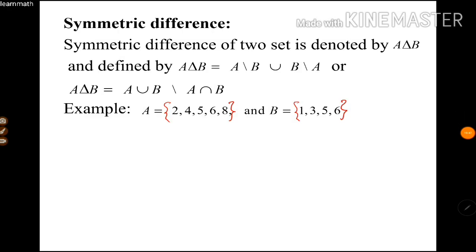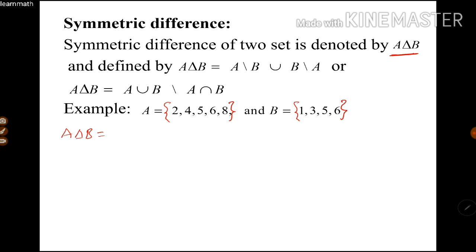Now the next one is symmetric difference. Symmetric difference of two sets is denoted by A delta B and is defined by A delta B is equal to A minus B union B minus A, or A union B minus A intersection B. Now for this example, find the symmetric difference of two sets.